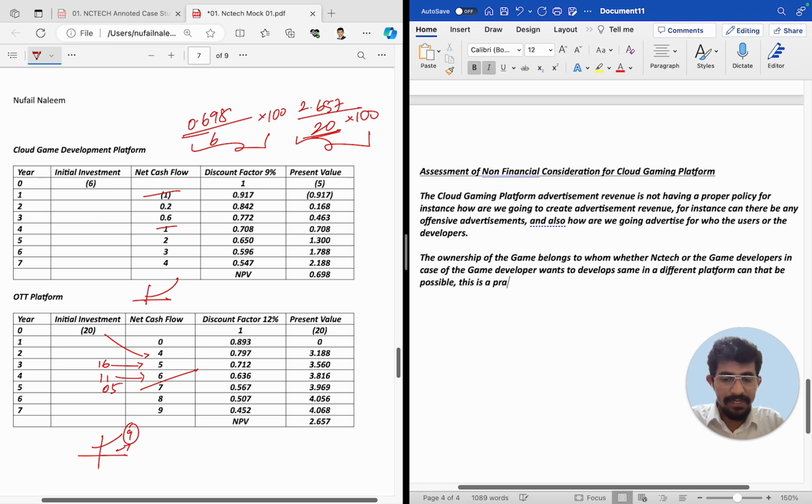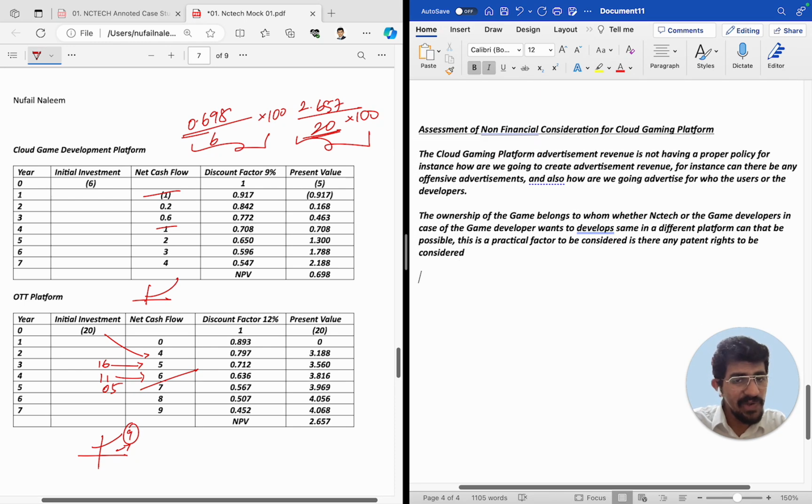This is a practical factor to be considered. Is there any patent rights to be considered? Keep that in mind, students, because that is very, very practical, very, very relevant also.